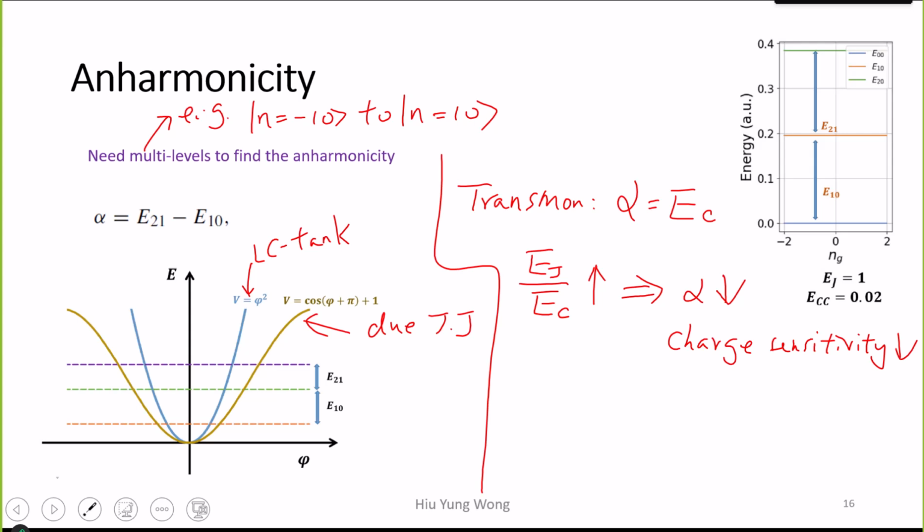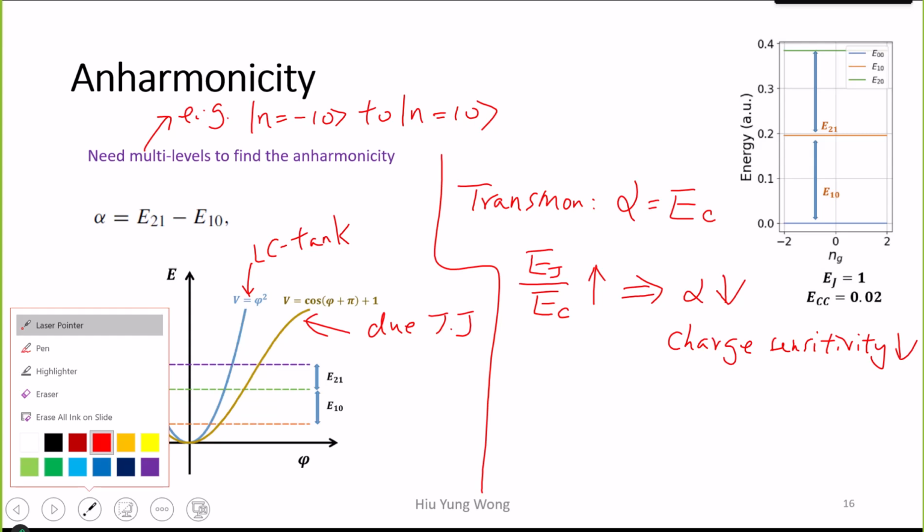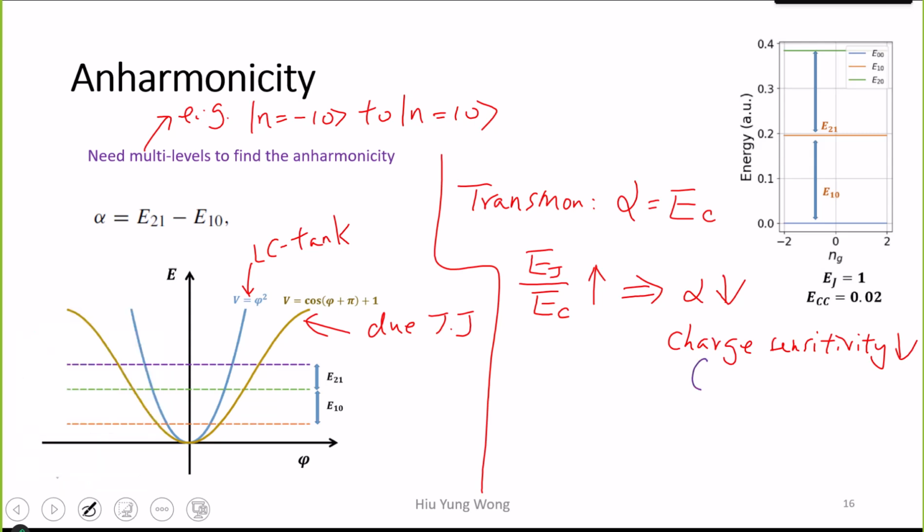But luckily, the theory says that charge sensitivity is reduced exponentially. So it means it reduces very fast, while alpha will reduce algebraically, I mean just as a square root.